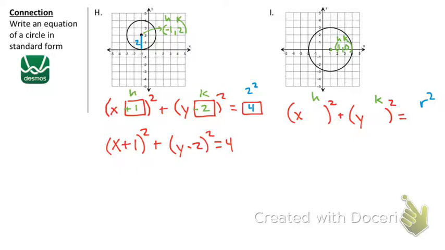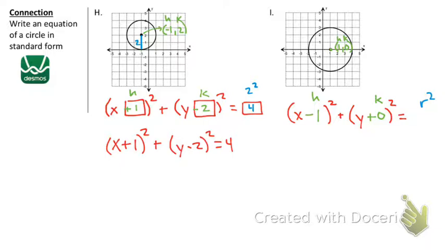Let's plug those in by switching signs. So instead of +1 for h, it's going to be -1 in the equation. Okay, and then this one is going to be 0, and it doesn't matter what sign you put for 0. So we'll just put +0. And then we find our radius.